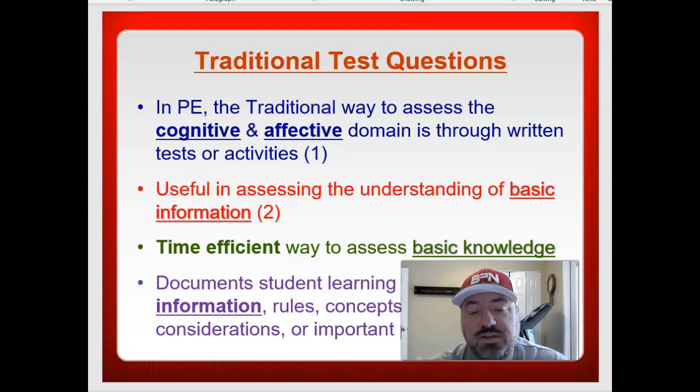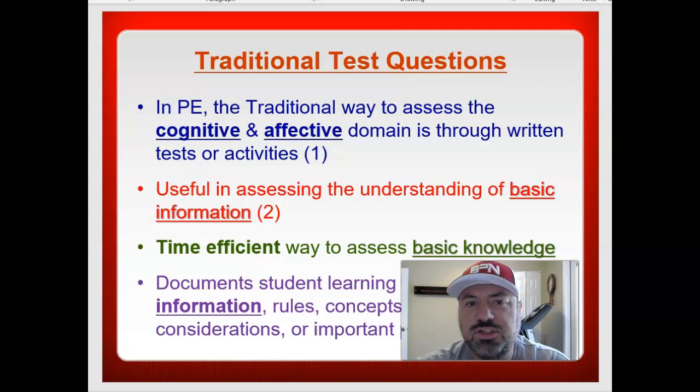Remember, cognitive is we're testing knowledge and understanding, and affective means we're trying to understand the student's feelings and emotions and the whys of they do things. So the traditional way to assess is through some kind of written test, maybe even a verbal question and answer test. These types of test questions are useful in assessing the understanding of some basic information.